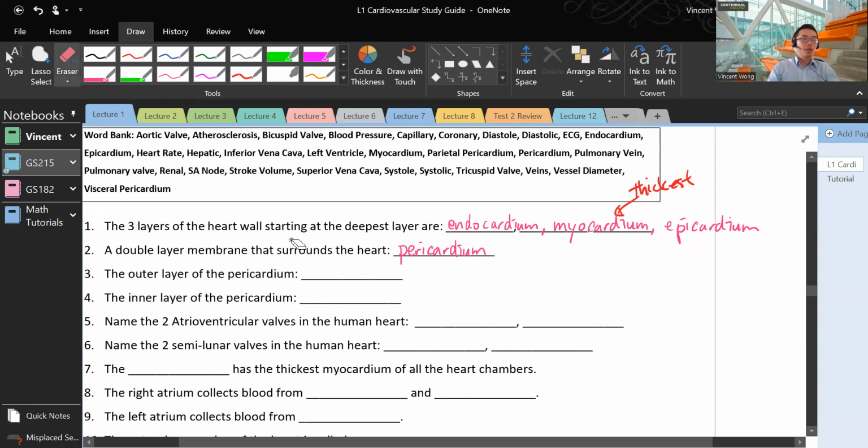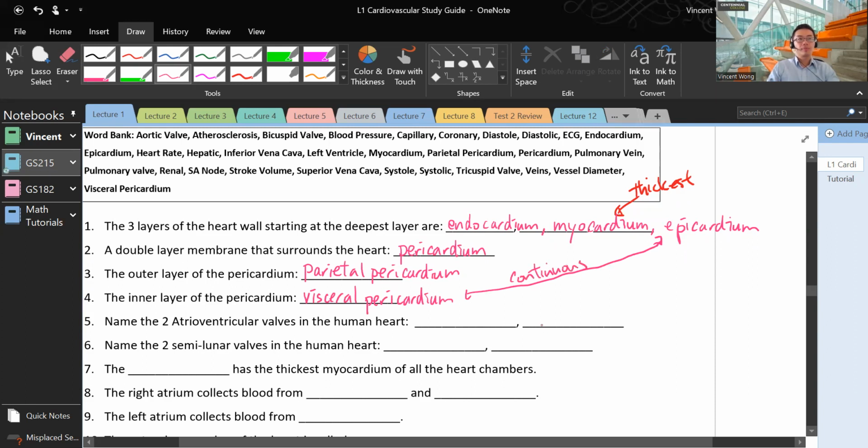The outside one is the parietal pericardium. And the inner one, the one that is fused with the epicardium, that is continuous with the epicardium, is called the visceral pericardium.